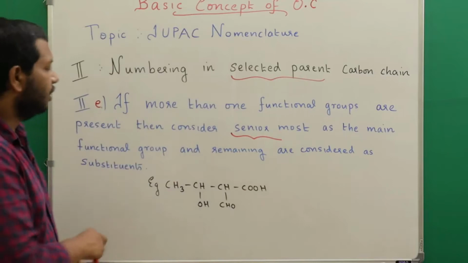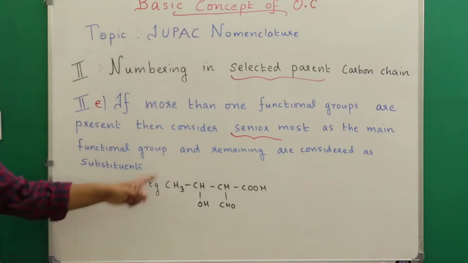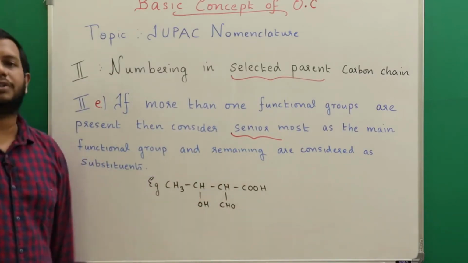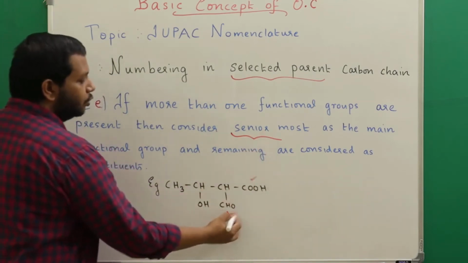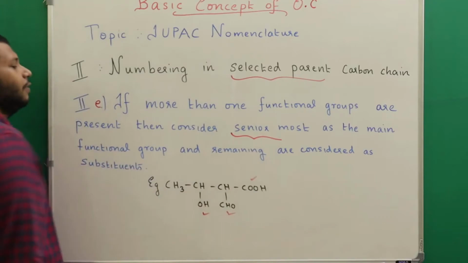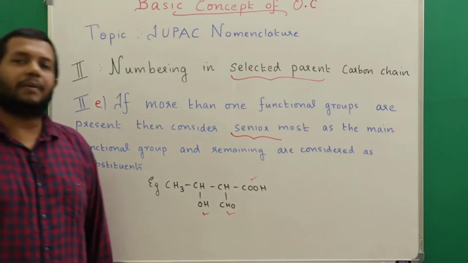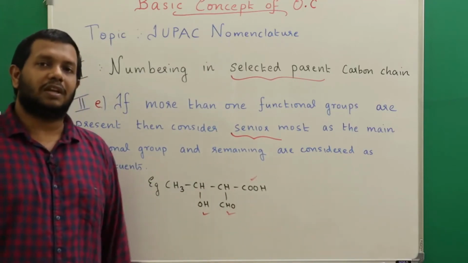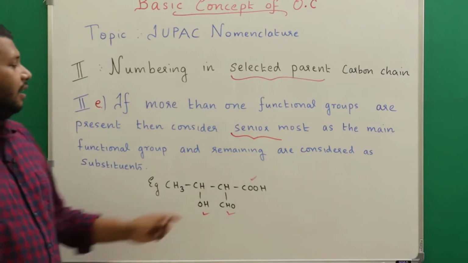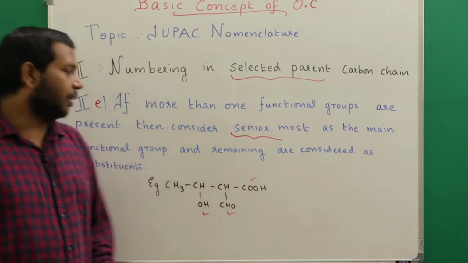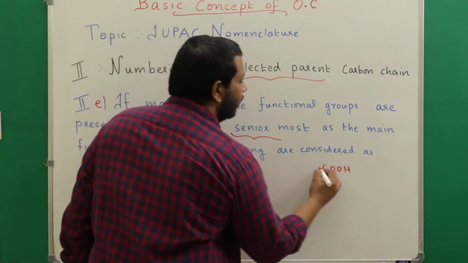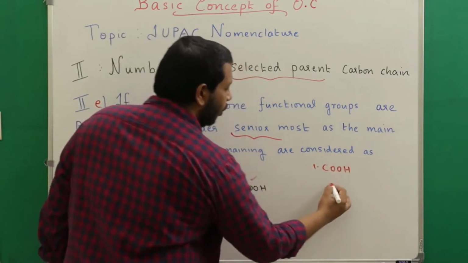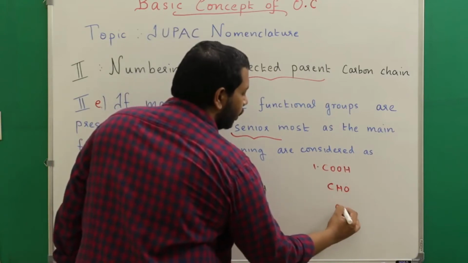For example, if you see this example, CH3, CHOH, CH, CHO, COOH. Here there is COOH which is a functional group, CHO which is a functional group, and OH is a functional group. Now you will have a doubt, sir, how will we choose this? If you go into the priority table, you can see who will come first: COOH will come first, then down the order CHO will be there, then OH.